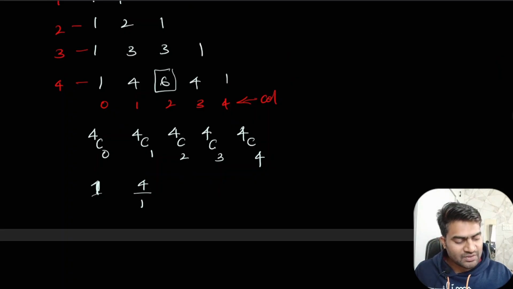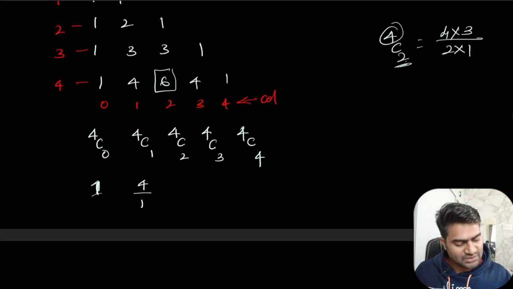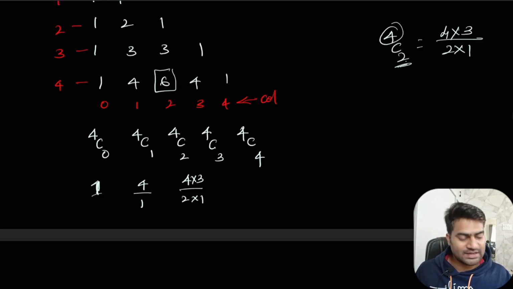Because we already saw that for 4C2, we use this value so many number of times in a decremented manner, divided by the factorial of 2 into 1. So here the value of r is 1, that's why it is 4 by 1. Okay, next value, it will be 4 into 3 divided by 2 into 1, correct, right?